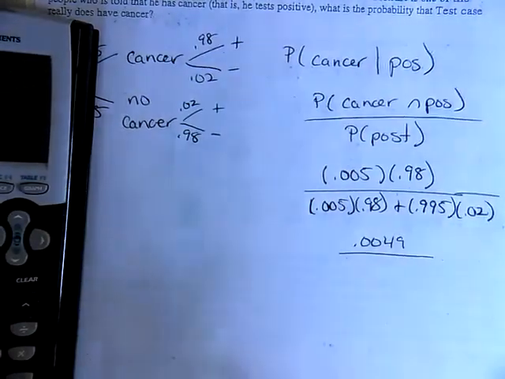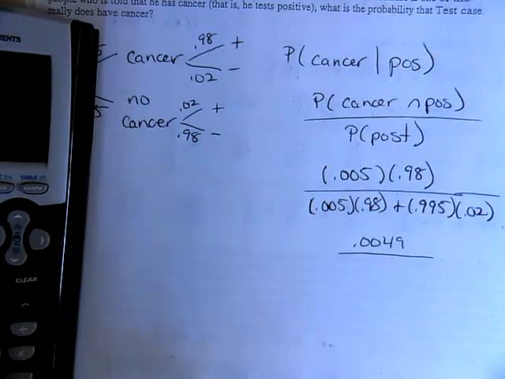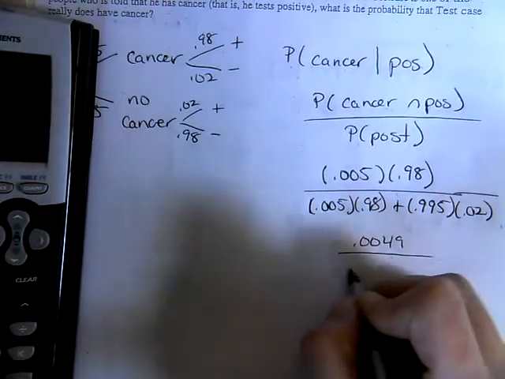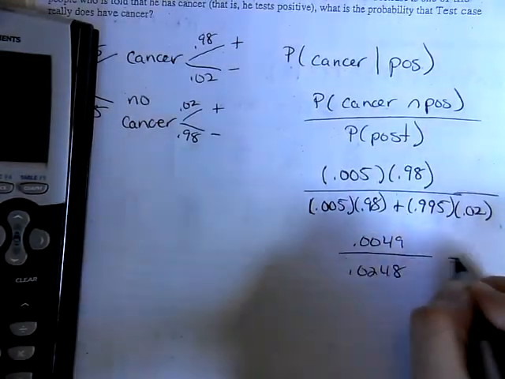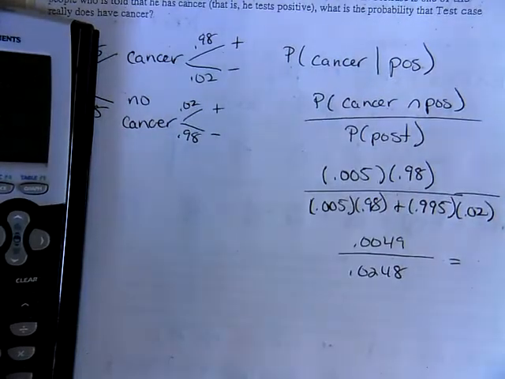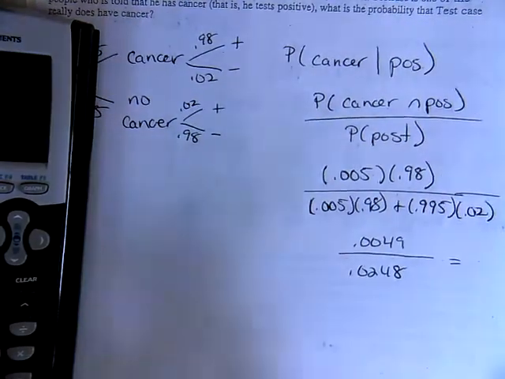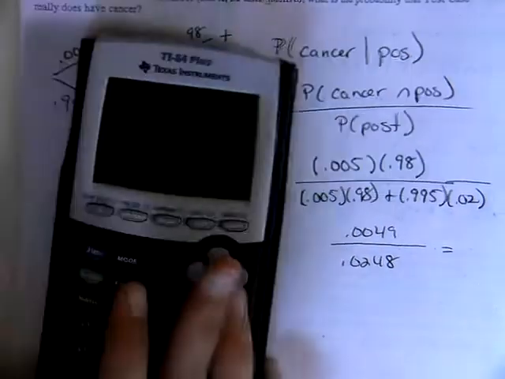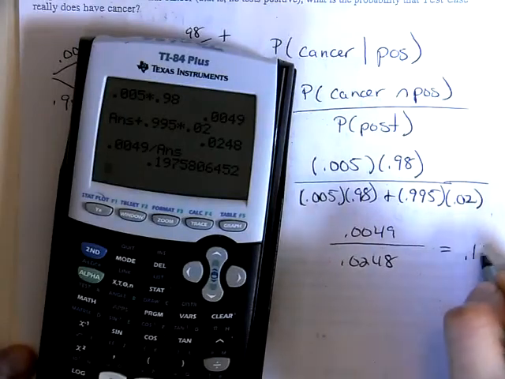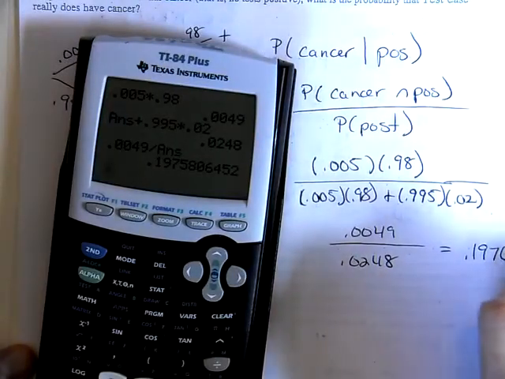0.0049 and 0.0248. So if I divide them, I get 0.1976.